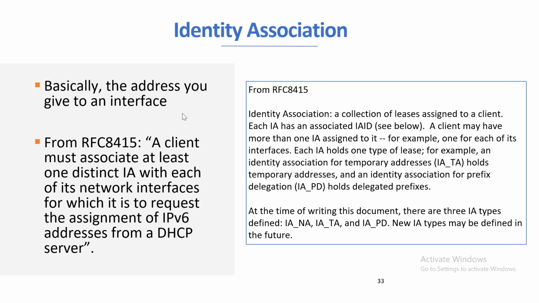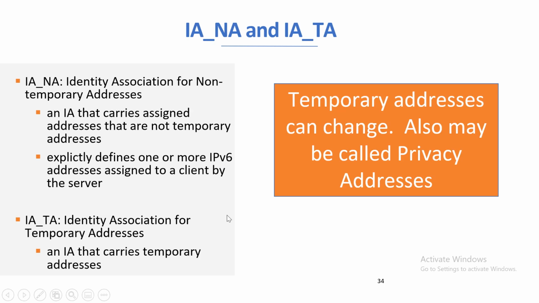You're going to give at least one identity association for this, and you can have a static address, or rather a non-temporary address, or you can have a temporary or private address.